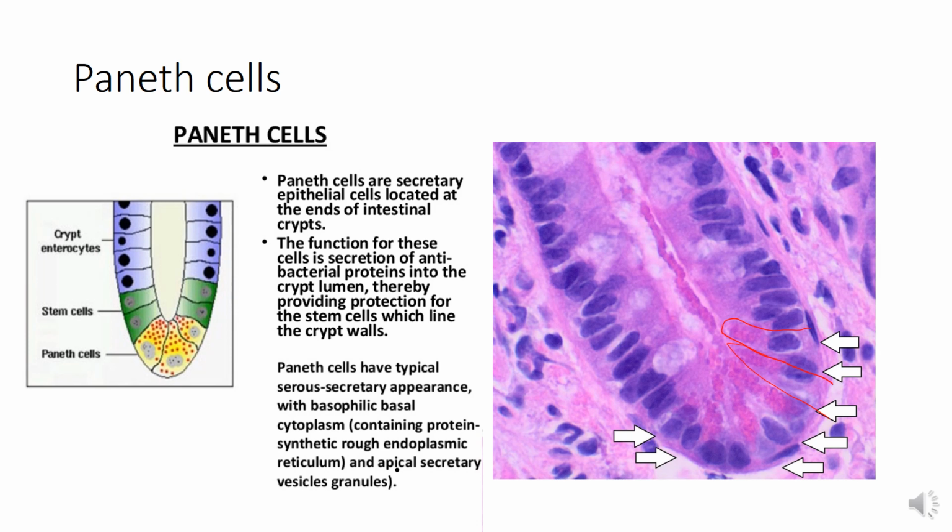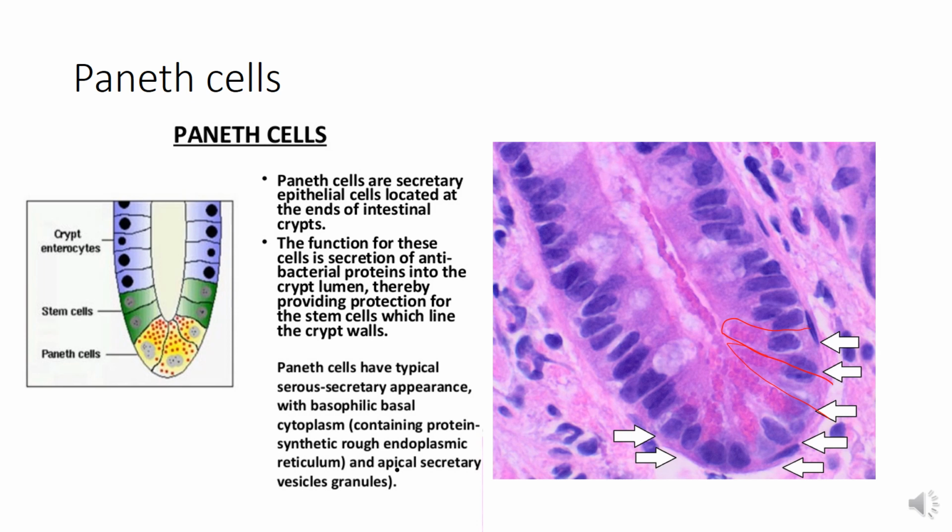The Paneth cells have now what are the characteristics of the zymogen granules? Zymogen cells secrete enzymes. They are protein secreting cells.